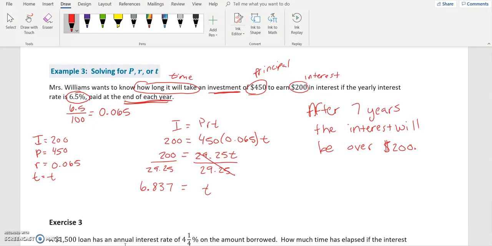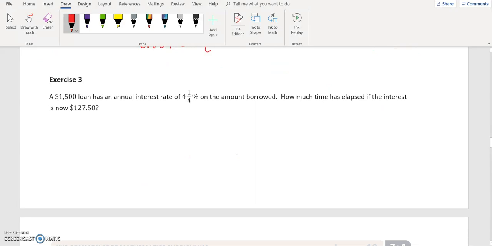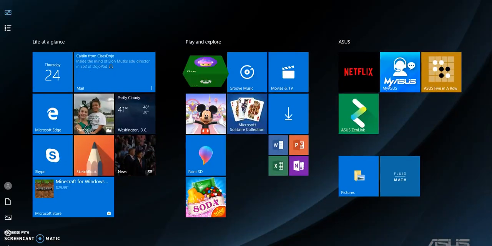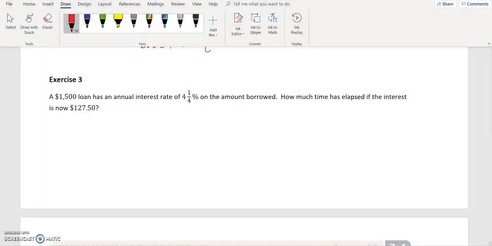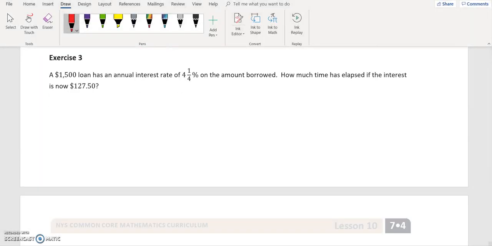Exercise number 3 is a lot like example number 3. So go ahead and pause the video and try exercise 3 on your own. Exercise 3. A $1,500 loan has an interest rate of 4.25%.